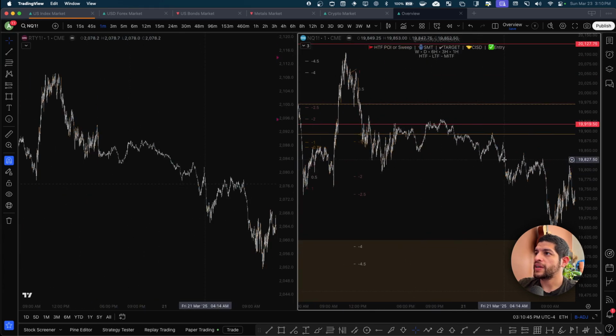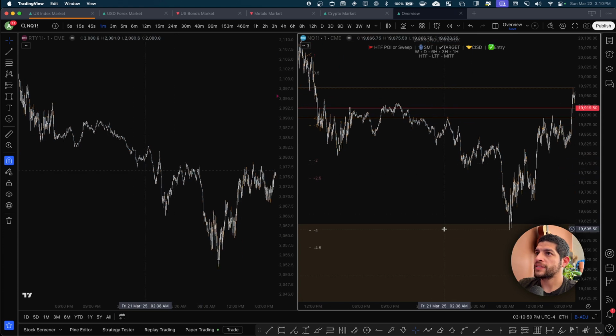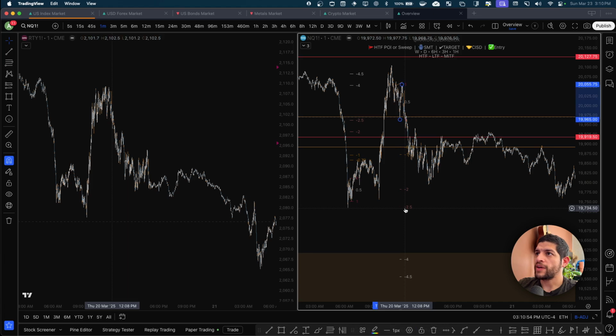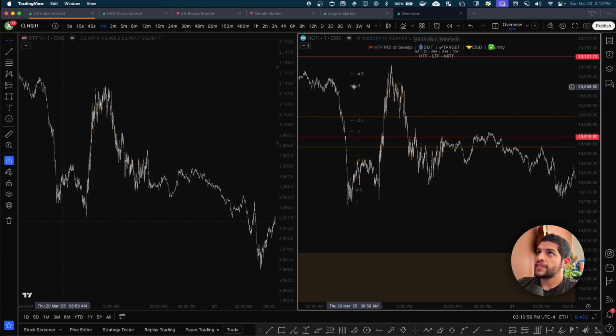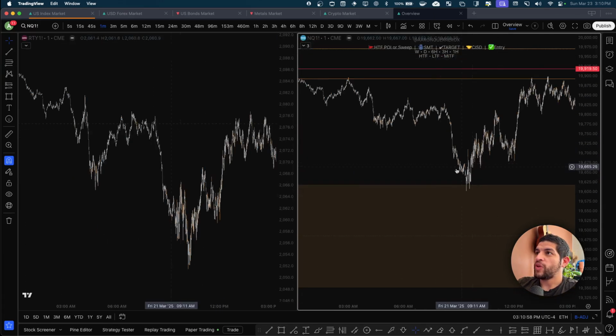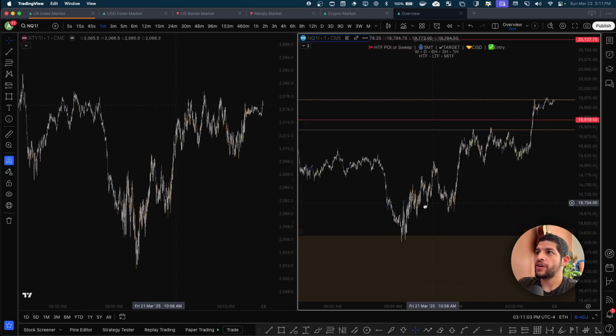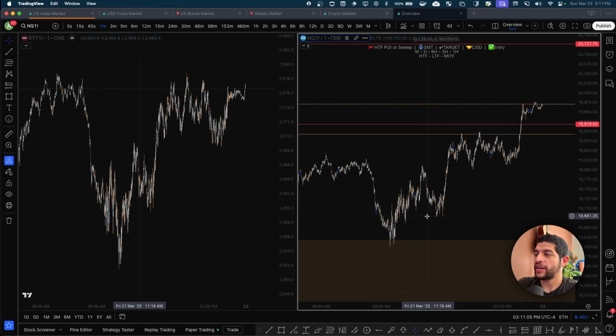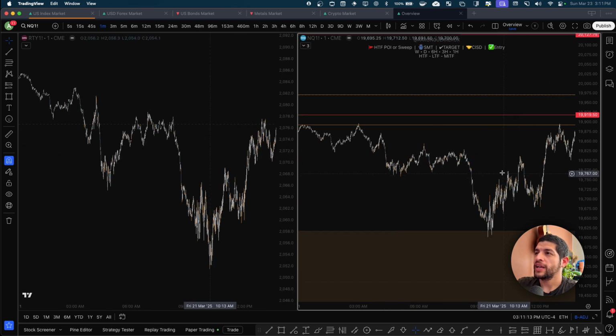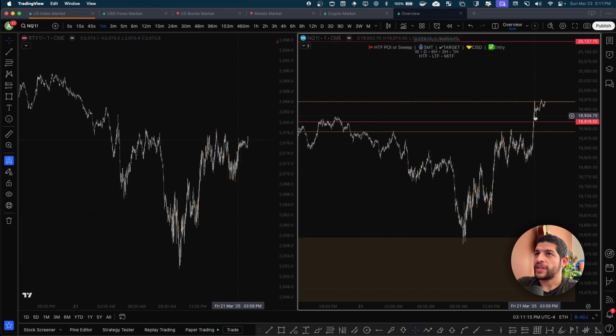Eventually, I think this was overnight, in the morning, we tap -2, ultimately tapping into -4 right there. And that's how I'm looking at it. Once we tap -4, I was actively looking for this long. I did take this long, and then I took it right here somewhere, because I missed this entry. I let it play out. I was about to close it, but ultimately it played out because it was just super late in the day.